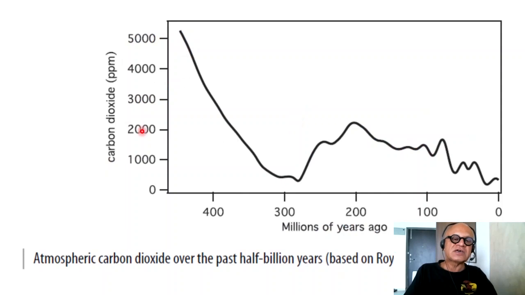To take a historic Earth history type of time scale, atmospheric carbon dioxide over the past 500 million years, these are estimates of course, which rely on various proxies and some models to balance long-term carbon in the atmosphere, in the ocean, in land, and so on.